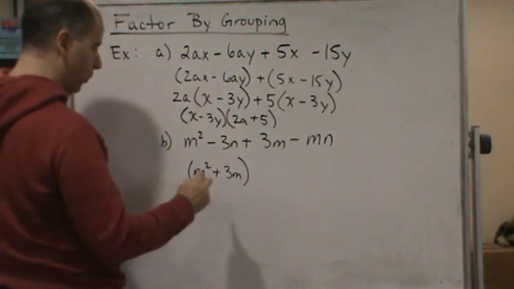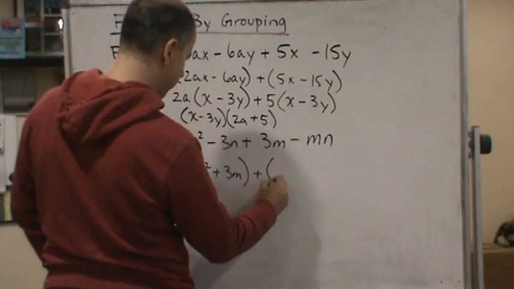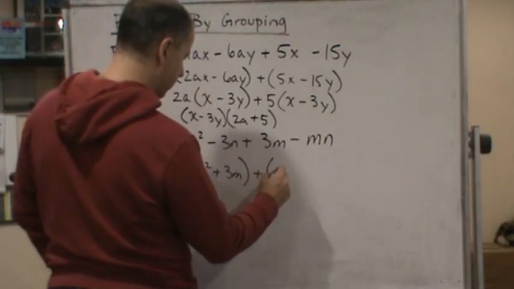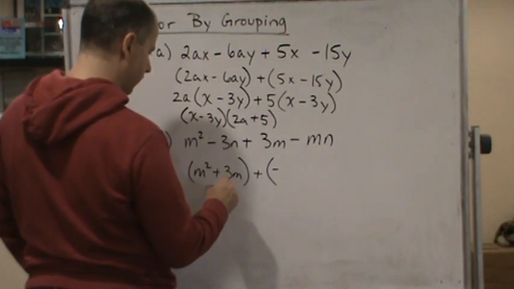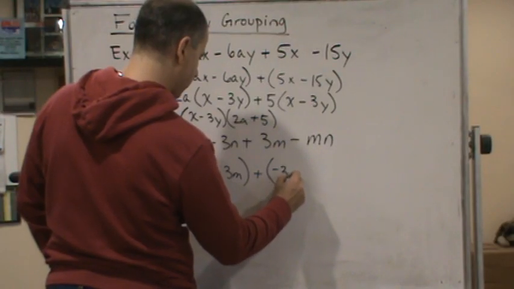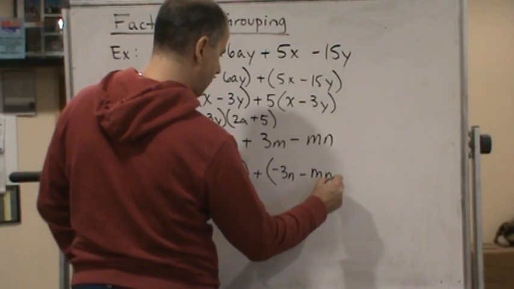And then we'll take the minus 3n. So we'll do the negative, right? Minus mn.